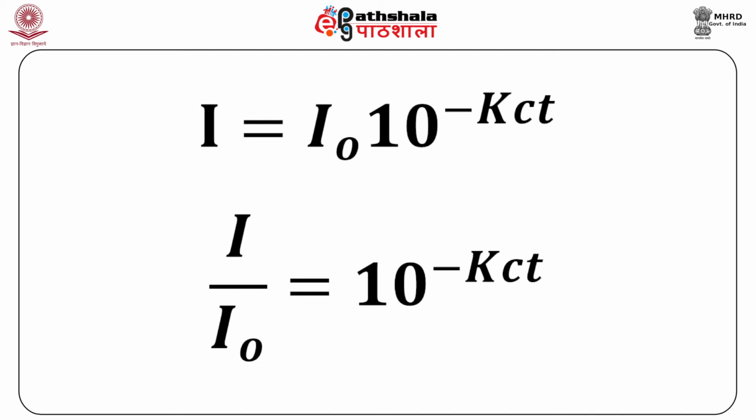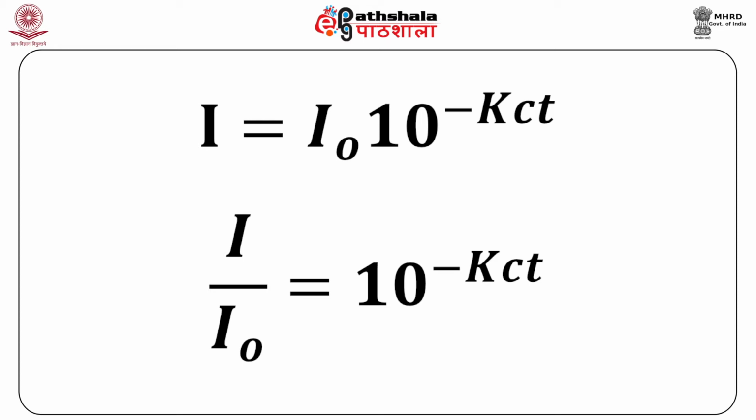Converting the natural logarithm to base 10, capital K should be equal to k into 0.434. This gives I is equal to I naught into 10 raised to the power minus capital K C t.